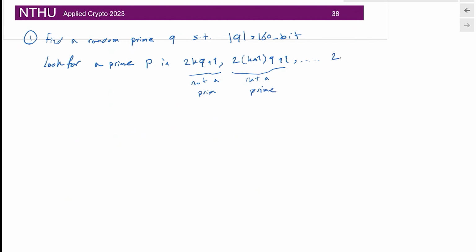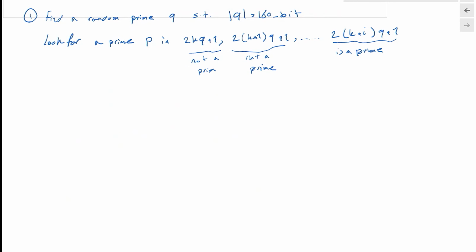After some point, (2K plus i)Q plus 1 turns out to be a prime. Once we found that this number is prime, then we know that we found our P. So P is basically K prime Q plus 1, and there we go, we have our P now, which is a prime.